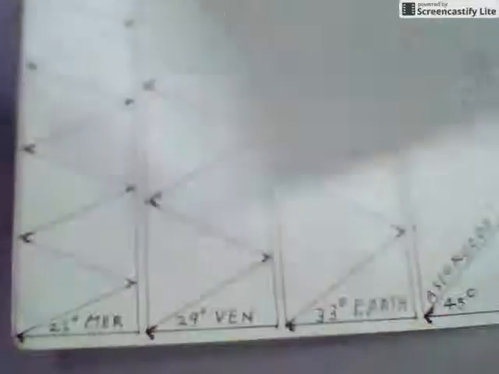Now, one of the results of this is that you see that the planets, because the sun is travelling along, they actually travel along at a different angle to the sun. We find that Mercury here is travelling at about, I'll read that out, 22 degrees.